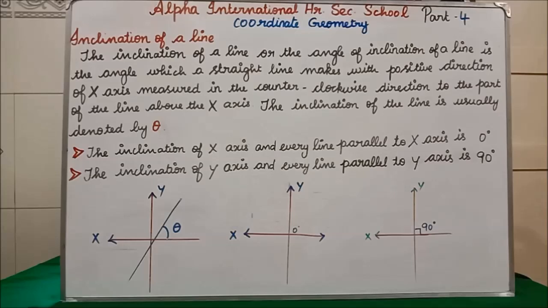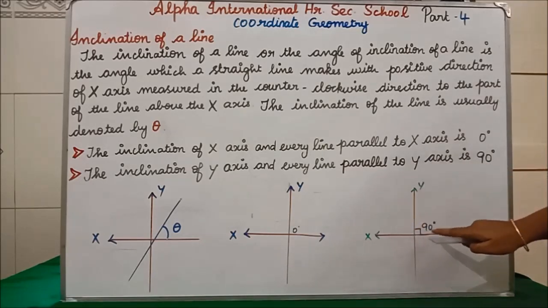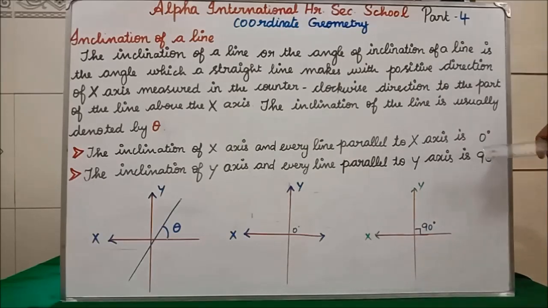Clear? The second point: the inclination of y-axis and every line parallel to y-axis is 90 degree. Suppose that blue line is parallel to y-axis, then what angle will come here? Here 90 degree. Clear, students, about the inclination of a line: parallel to x-axis means it is 0 degree, parallel to y-axis means it is 90 degree.